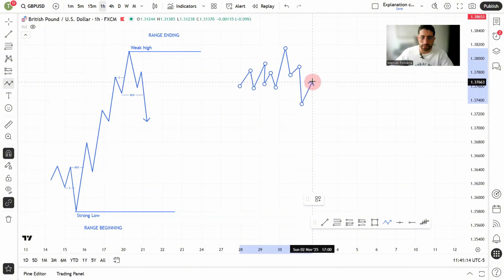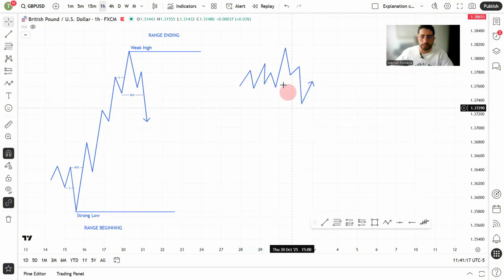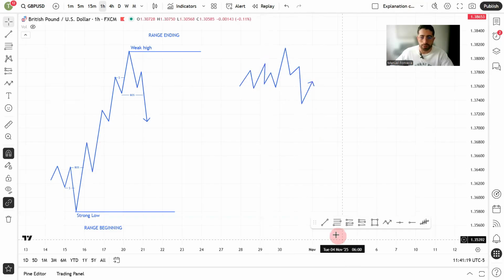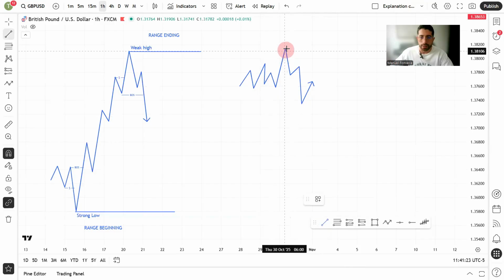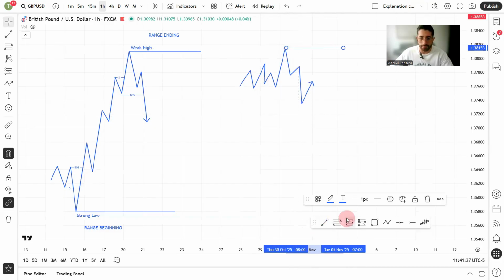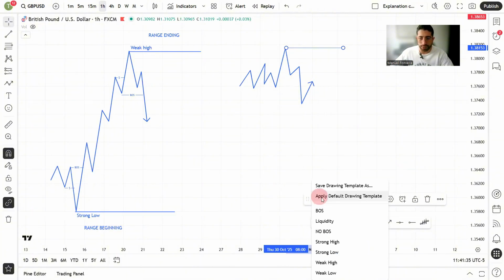Once we have this, we could say that this will become our strong high, because we're going to imagine we are in a bearish range or bearish trend. So this higher high will become our strong high. And what is the meaning of strong high?